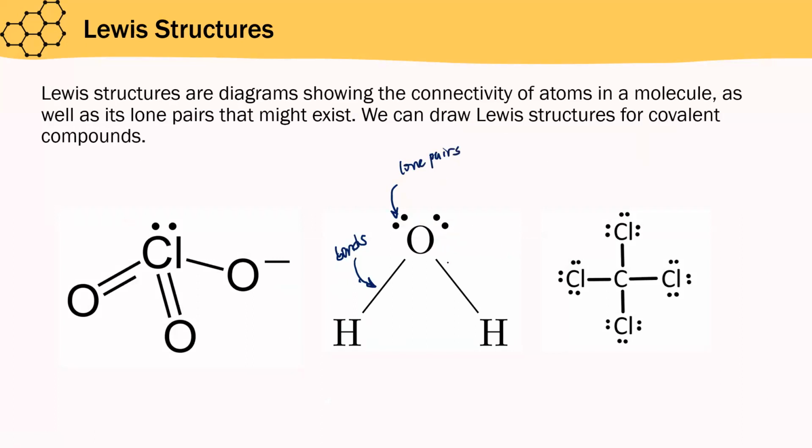And then as you can see here, you have an atom to which all other atoms are connected. For example, in this molecule here, which atom connects all the other atoms? Of course, the answer is Cl. For this one, that is oxygen. For this one, that is carbon.